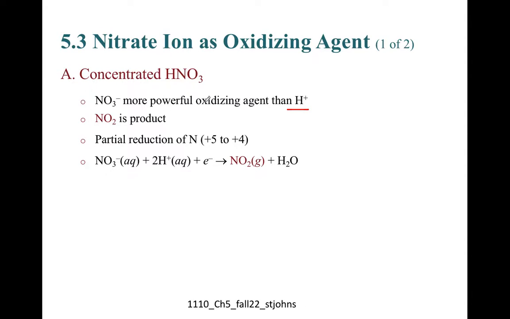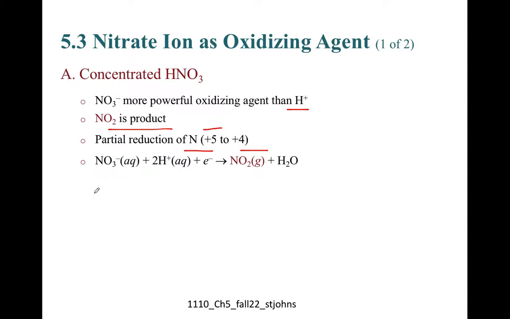In that case, nitrogen dioxide is the product, a partial reduction of nitrogen, from plus 5 to plus 4.